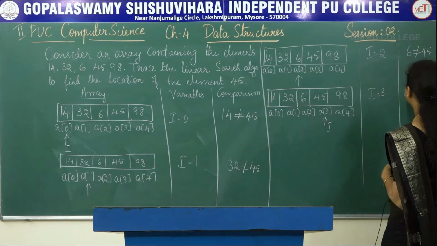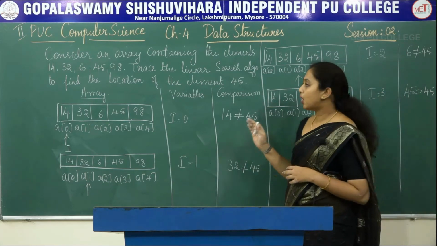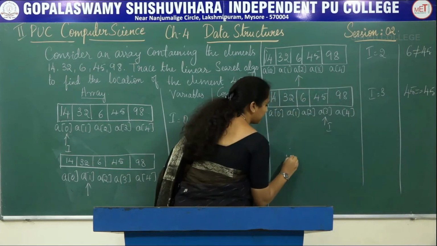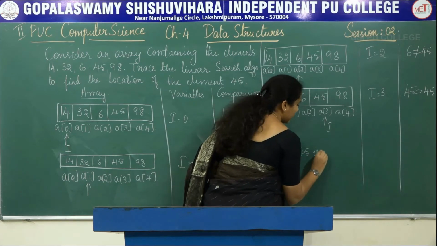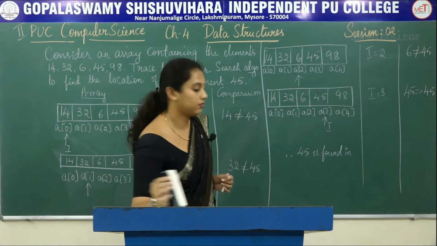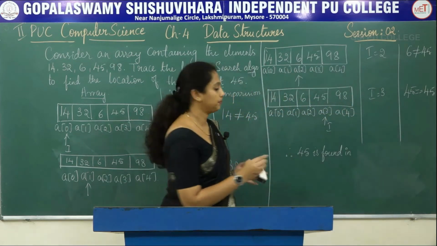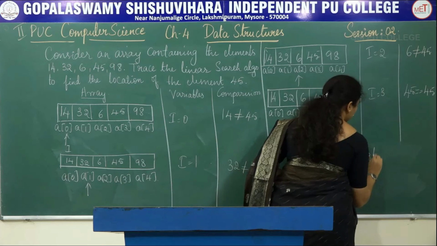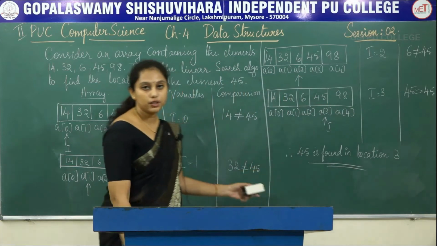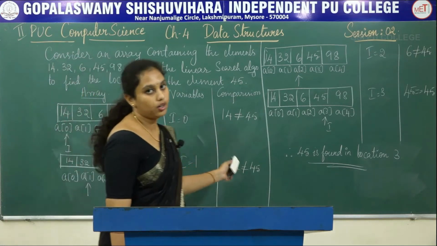Hence 45 is equal to 45, and 45 is found in location 3. So this is how we find the location of an element using the linear search algorithm.